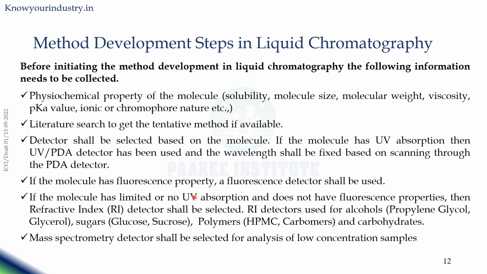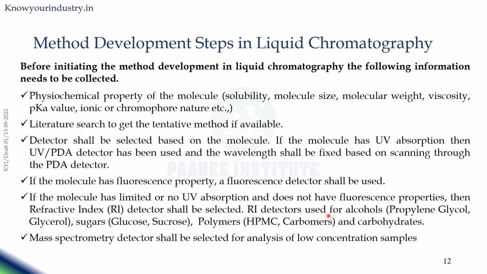If the molecule has fluorescence property, then you can use a fluorescence detector for the method. If the molecule doesn't have any chromophoric property, UV absorption, or fluorescence properties, then a refractive index detector can be used. The refractive index property of the molecule will be used for the detection.